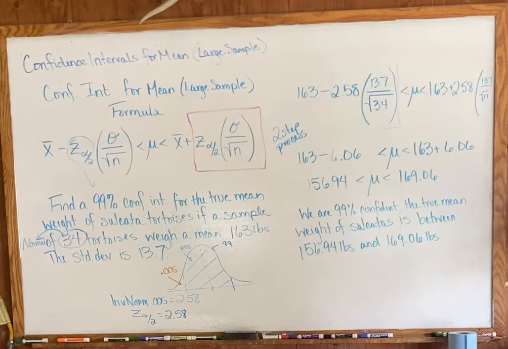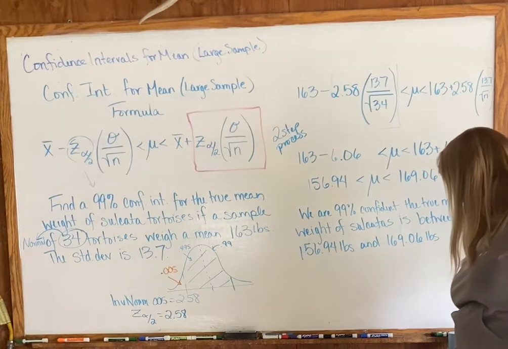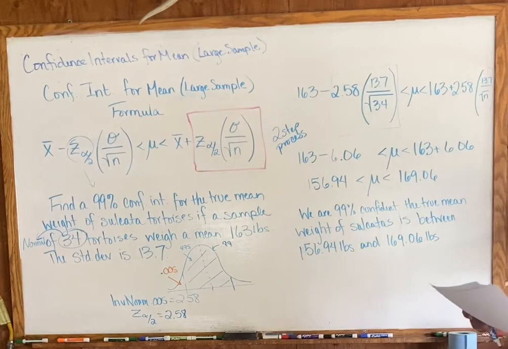Okay. So we say how confident we are, what we studied. We're studying the mean weight of sulcata tortoises, and we tell what the interval is. So we're 99% confident the true mean weight of sulcatas is between 156.94 pounds and 169.06 pounds. Okay. Look good there.